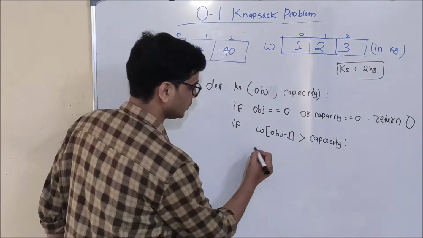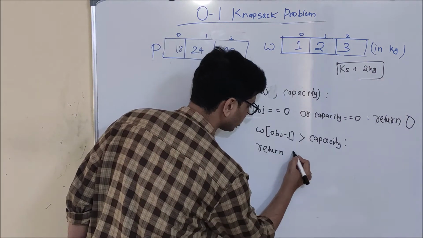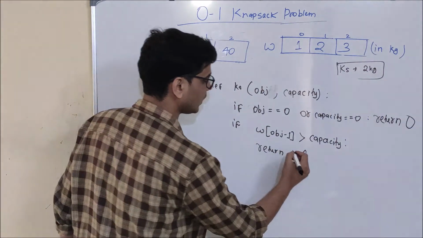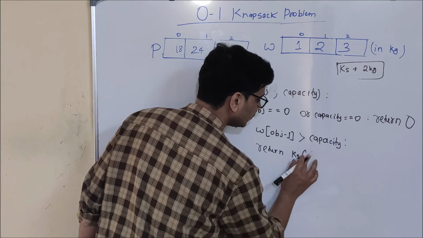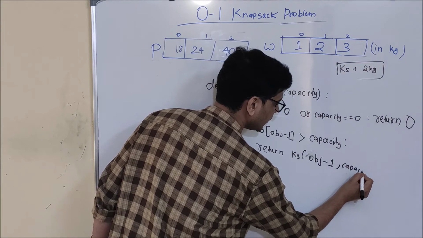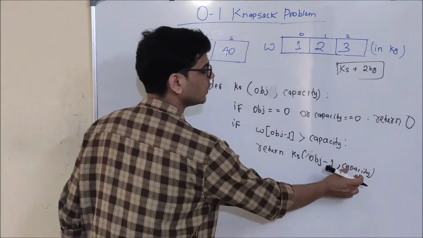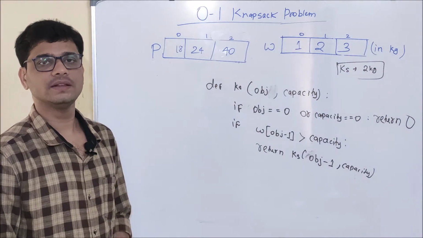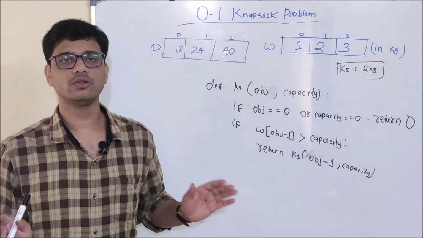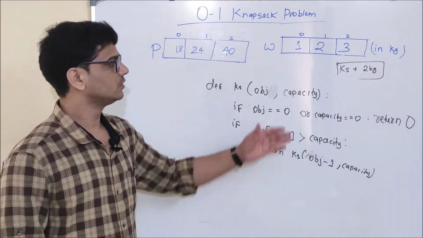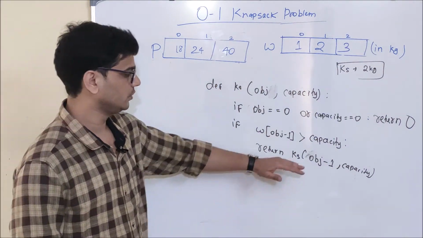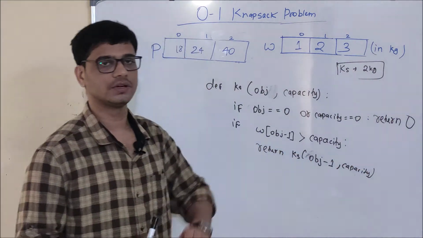Then what we are going to do is ignore this particular object and make a recursive call to obj minus 1 comma capacity. That is, I have not considered this particular object, and on the rest of the objects I am going to make my decision. So this is what I am going to do here.